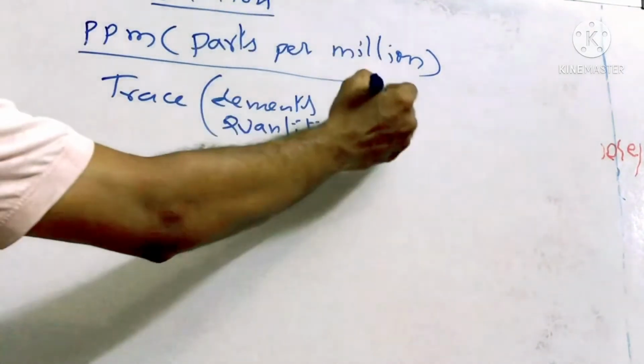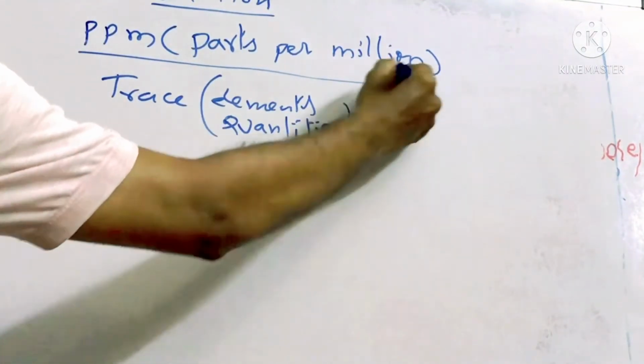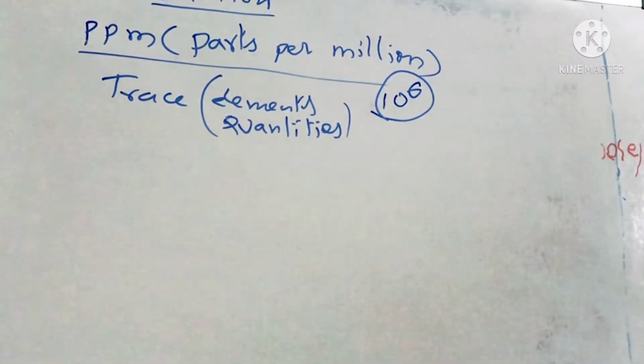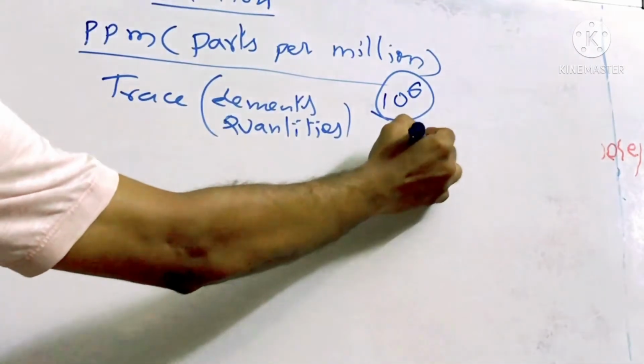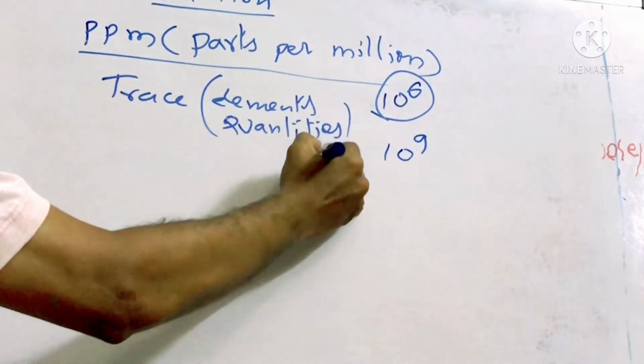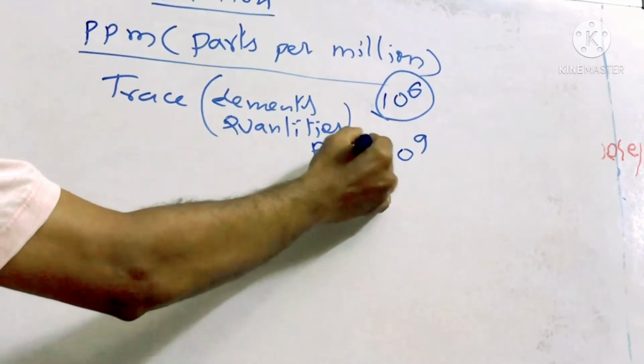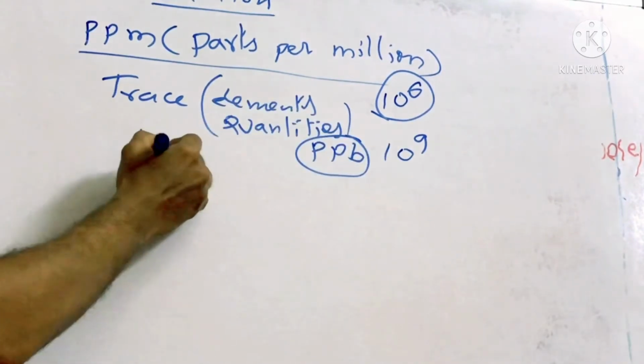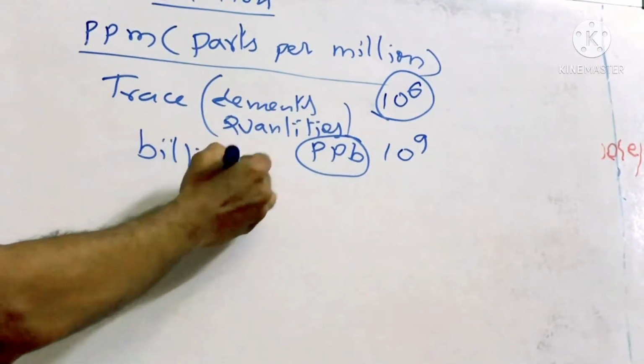Per million means 10 power 6 parts. Out of 10 power 6 parts, how many parts are there of that particular compound, that is parts per million. If it is 10 power 9 parts, out of 10 power 9 parts, how many are there, it is called ppb, parts per billion.